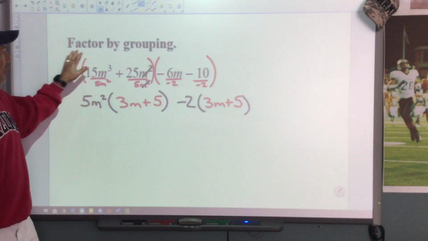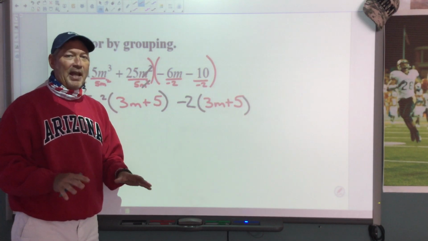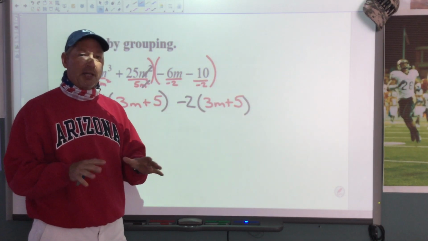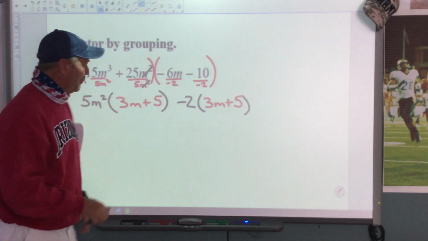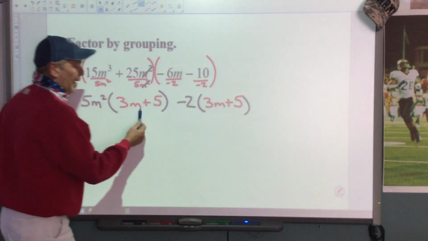So in this grouping, we're hoping that this happens. It doesn't have to happen every single time, but most of the time when we give you 4 terms, we're not trying to trick you. This is going to happen. Look at these 2 parentheses. These are the exact same thing.